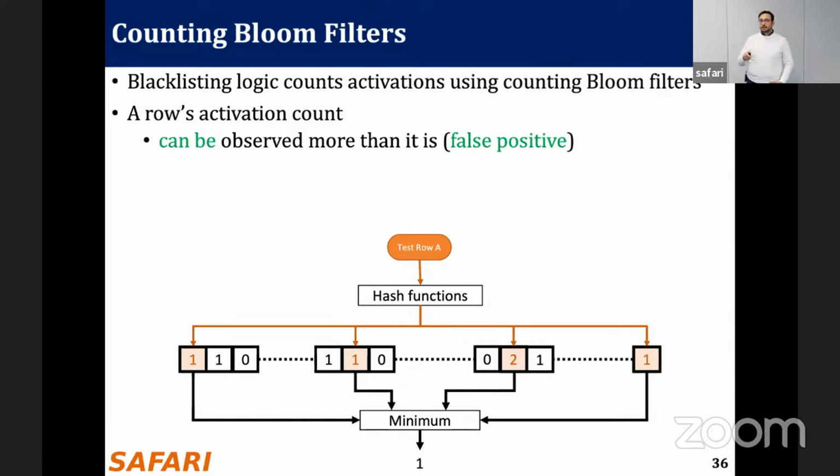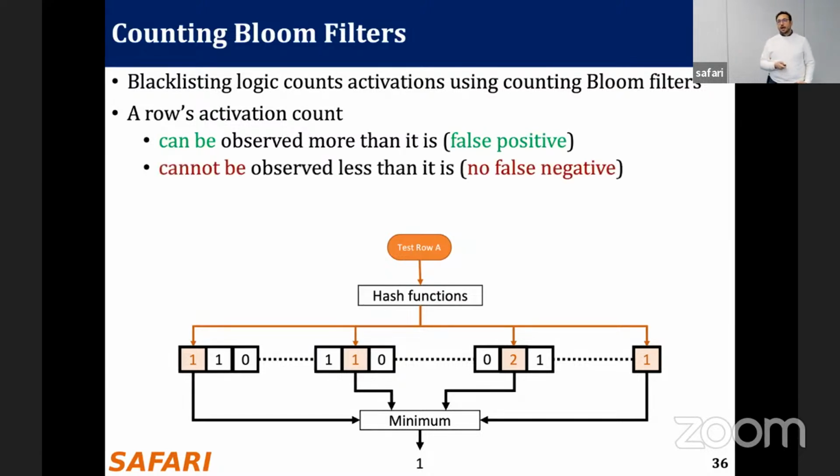And since every time a row is activated it increments all the counters, the minimum value actually gives us a good estimation of the row activation count, and it cannot be observed as less than it actually is. So there are false positives, but there are no false negatives.